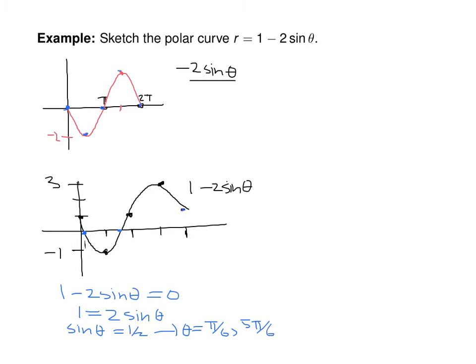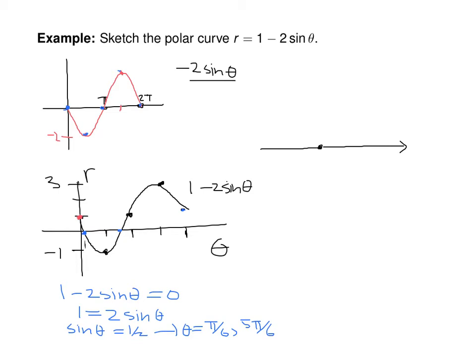Alright, now let's use this to graph the polar curve 1 minus 2 sine theta. So we start, this is the theta axis and this is the r axis, with this point right up here.